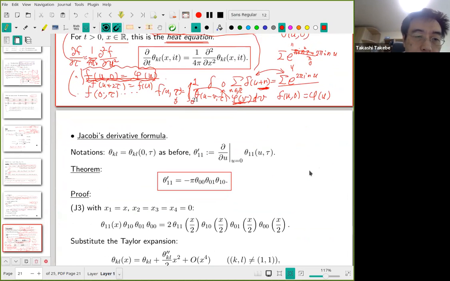Now, let's proceed. One of the fundamental equations which Jacobi proved is this one.